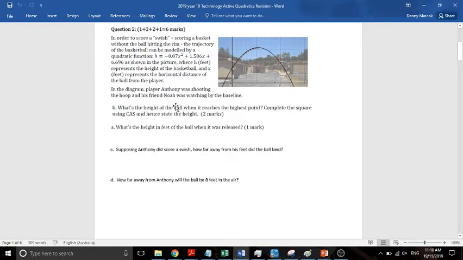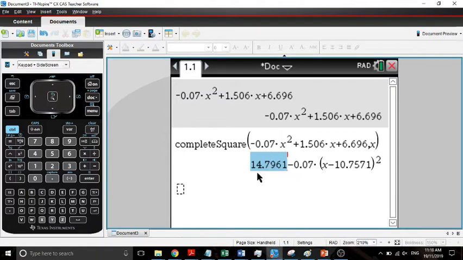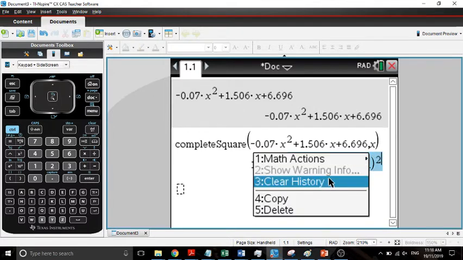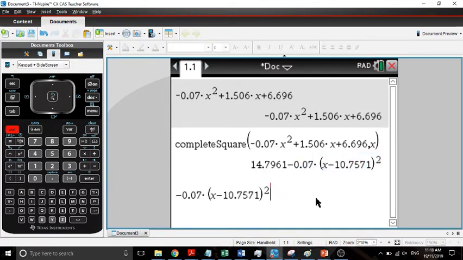He wants to know the height of the ball when it reaches its highest point, so we complete the square. That ends up happening here. So that's this value, because we normally write it with this first, as a x minus h all squared plus k.